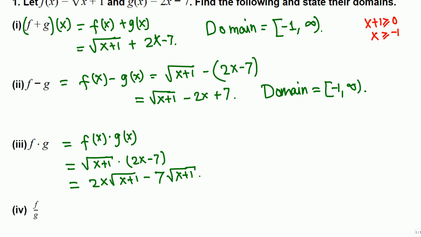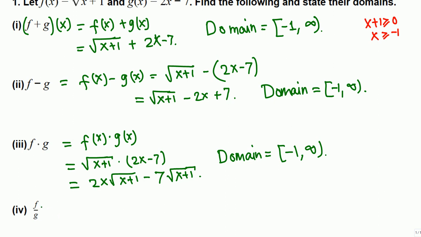Okay, this is the product. And how about the domain? Same thing like part 1 or 2, root x plus 1 is defined when the x plus 1 is bigger than or equal to 0. This should be 0 or bigger, and that gives us negative 1 through positive infinity.